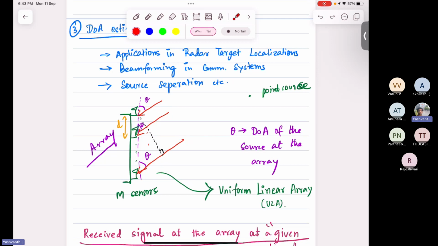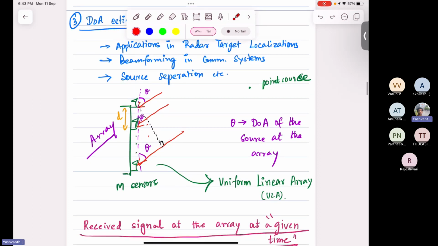Now let's say the first sensor makes an angle theta with the reference axis. This is the normal axis, the reference axis. The same ray will make an angle theta at the second sensor also, because both these lines are parallel. And the last ray will also make an angle theta. But the difference is, the time at which the ray arrives at the first sensor will be different from the time at which it arrives at the second sensor.